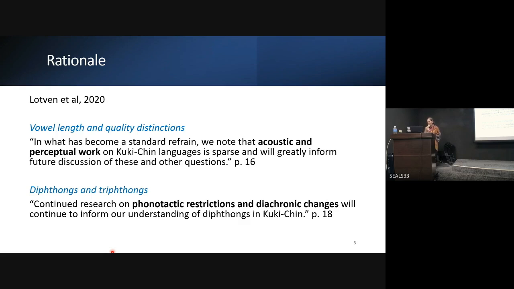And motivated by quotes like these from Lutvin et al., it seems there's a lot that can be contributed in terms of descriptive work with respect to vowel quality distinctions, where we can provide some evidence for perception and acoustic phonetic analysis, and in the area of diphthongs, being able to describe some phonotactic restrictions and diachronic changes, and we'll take these in that order.